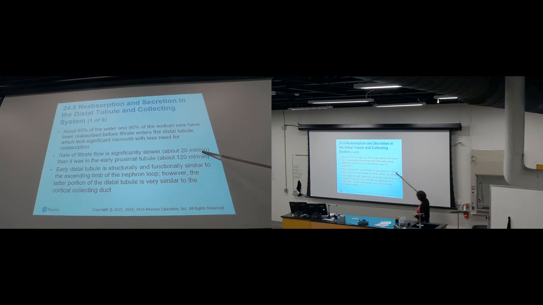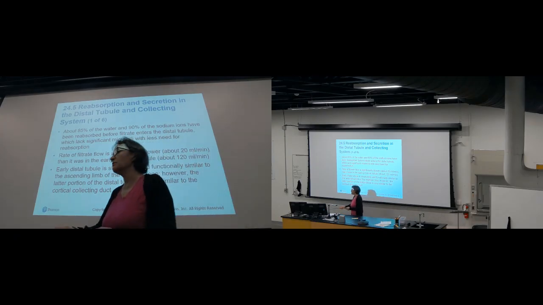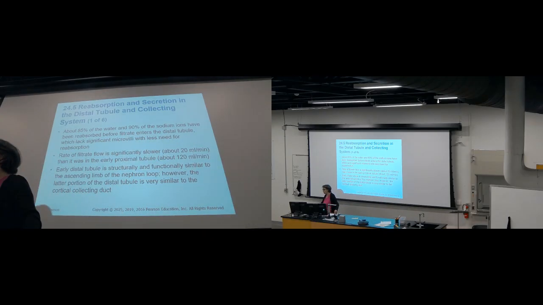So this is less efficient, but you have less still to process there because you mostly have 90% of the work done. And then what happens in the distal tubule is that you secrete many things that weren't secreted before.